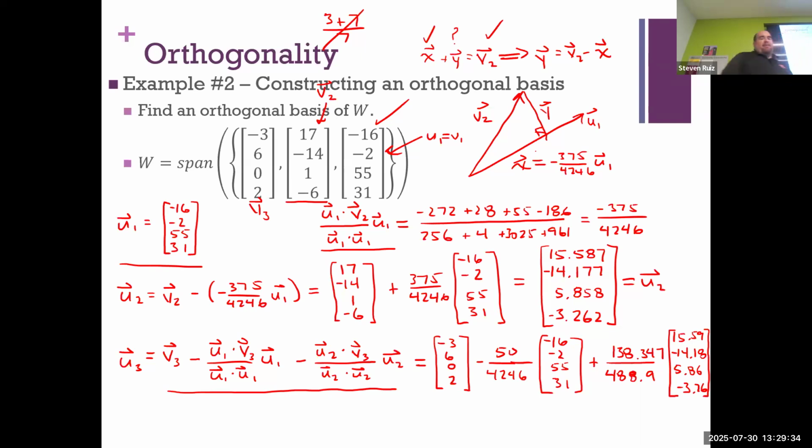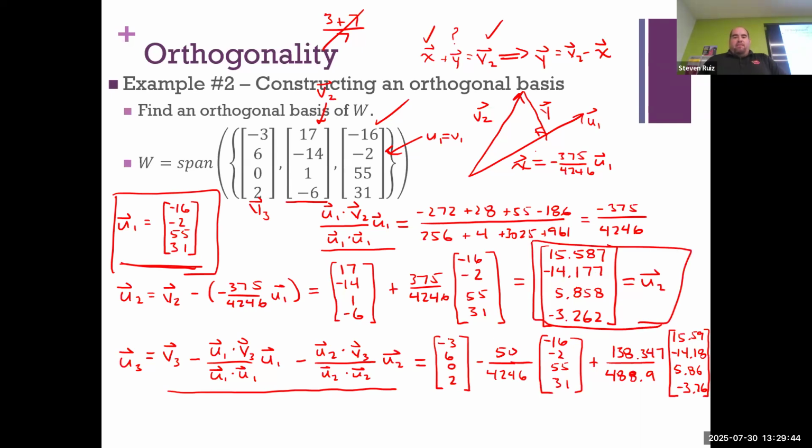So we have an orthogonal basis. It's not very pretty. I mean, one of them is the vector we ended up with. So I'll box the things we actually want to keep. U1, U2, and then I'm going to save us the pain of actually consolidating that, but that's U3 right there.